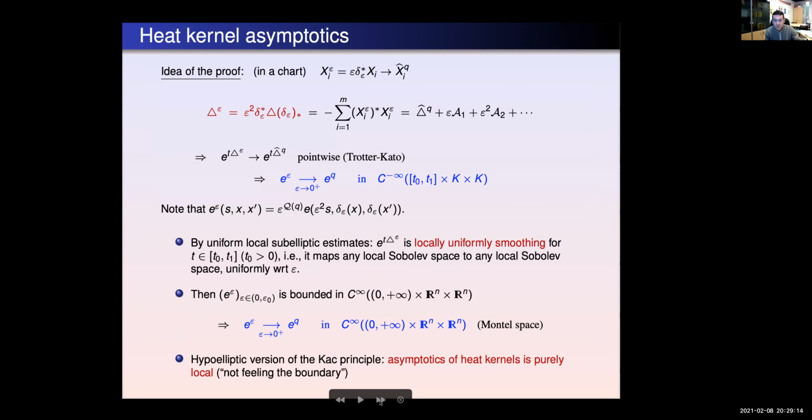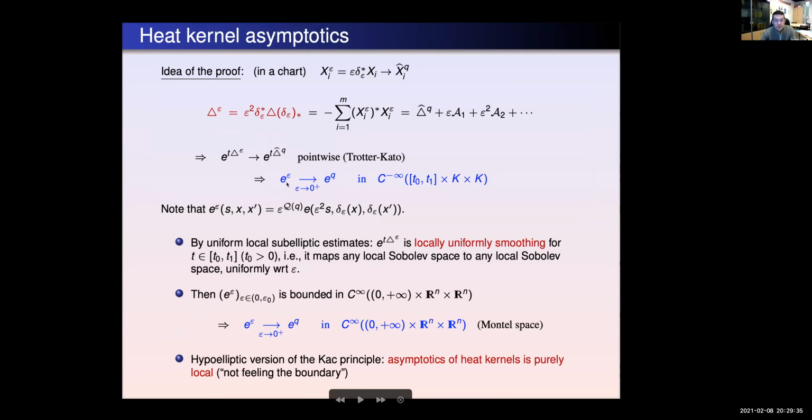The idea of proof, in order to establish at least the main term, is not very difficult, because you consider renormalization by dilations delta of the sub-Riemannian Laplacian, or of the Hörmander operator, delta epsilon.